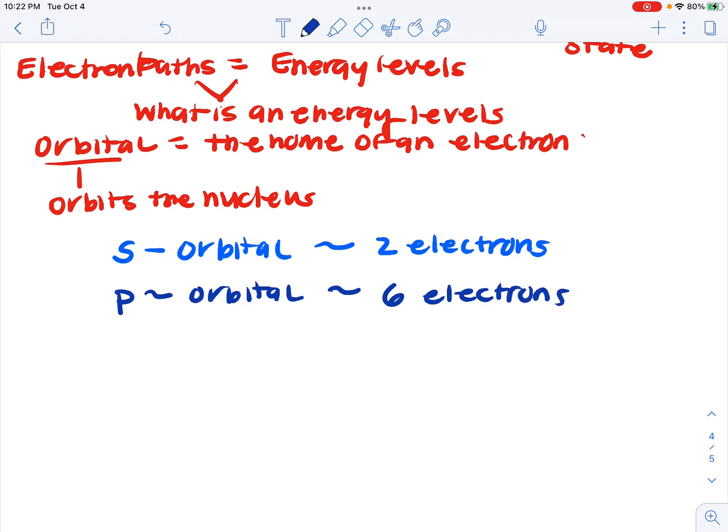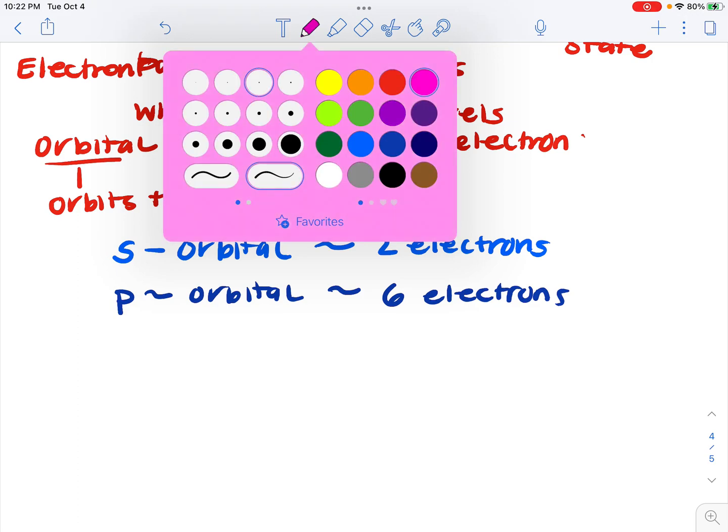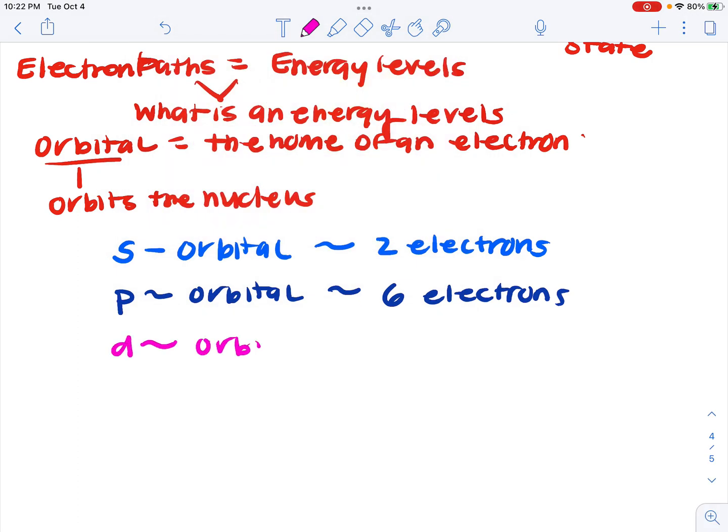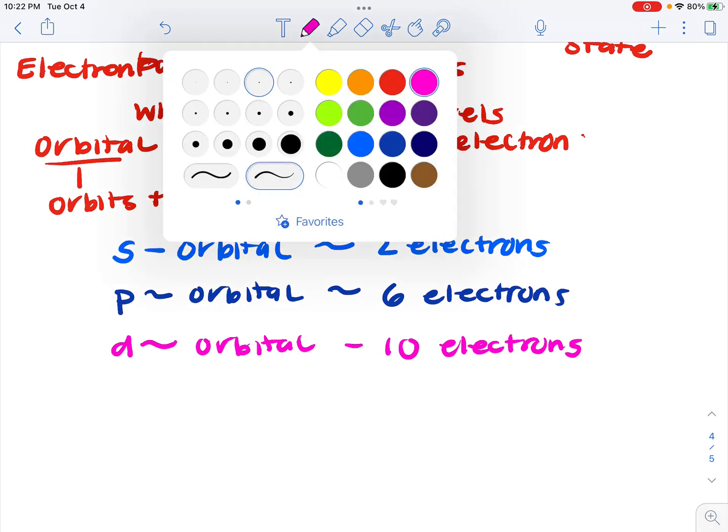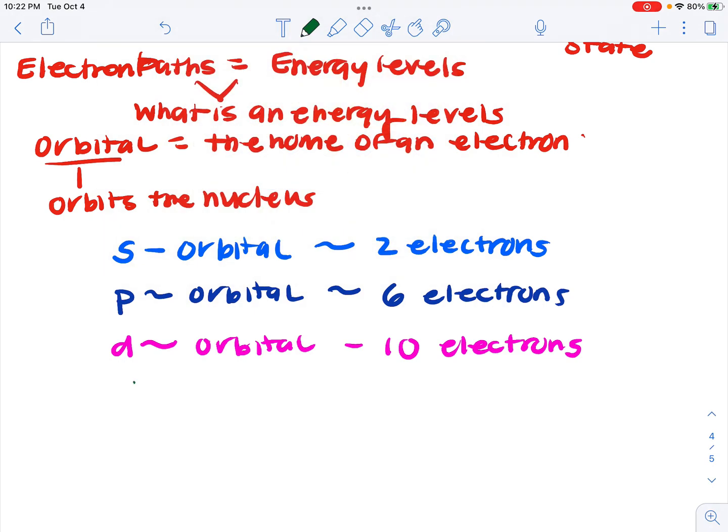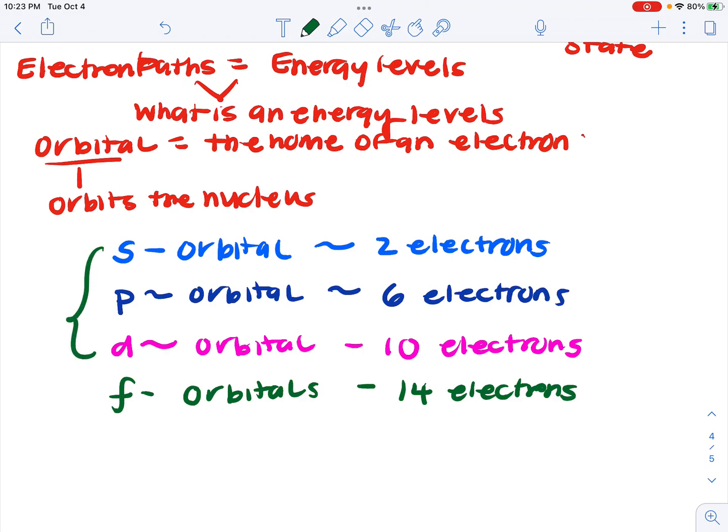And again, I know it's not 8, but we'll make sense of this when we do our electron configuration lessons. The d orbital can hold 10 electrons. And these are special elements that we'll talk about very, very soon. And the f orbital only has to do with the lanthanides and actinides, and these can hold up to 14 electrons. And again, you don't need to know why right now, because we're going to talk about that in our next lesson. You just need to know the amount that they can hold for now until we get more practice with this.